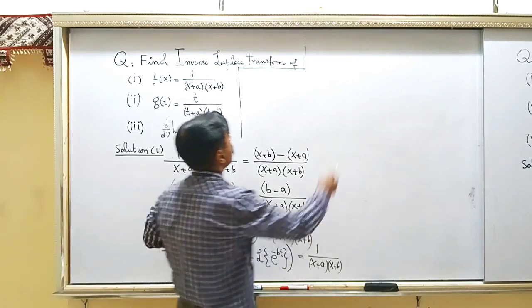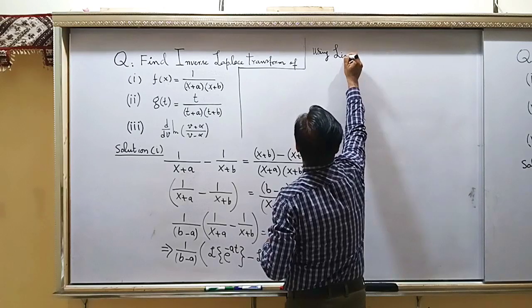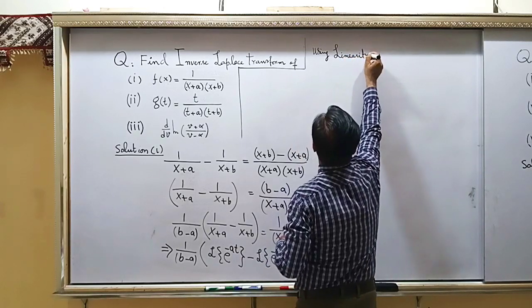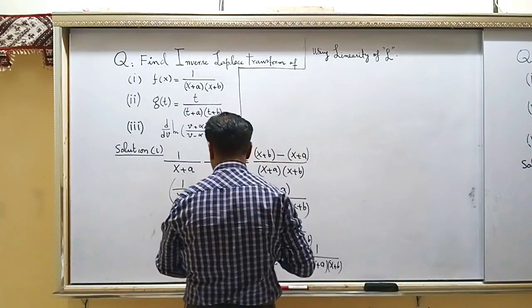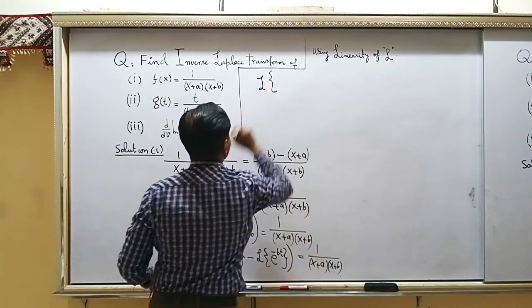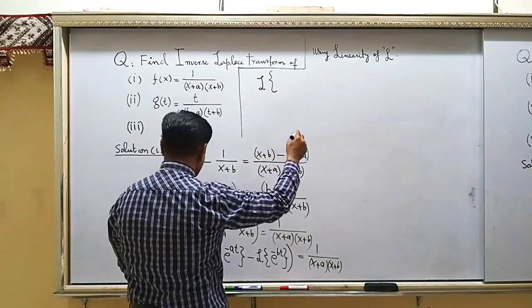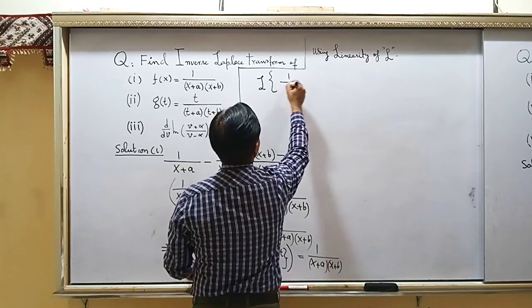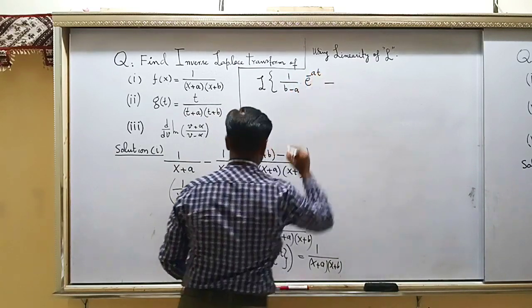Let's use it. Using the linearity of operator L, this L is taken out. Look, it is acting on this, and this constant will be taken inside, and this is 1 over b minus a into e to the power minus at.